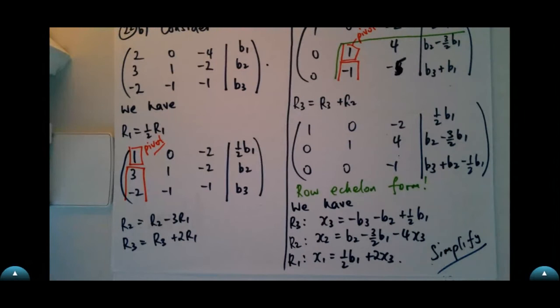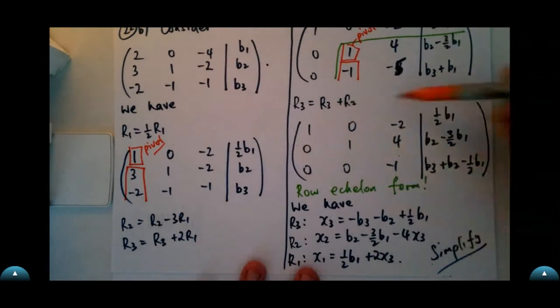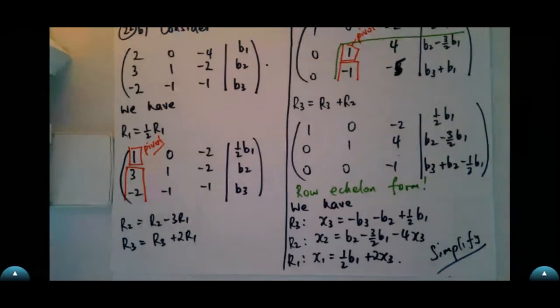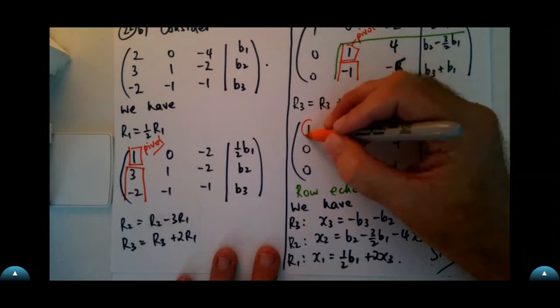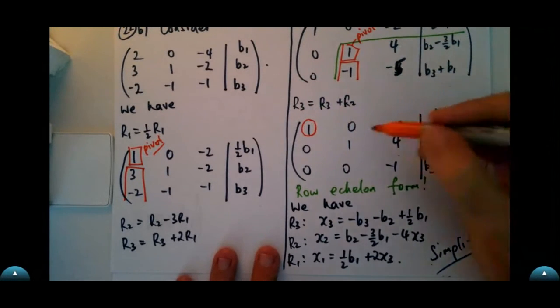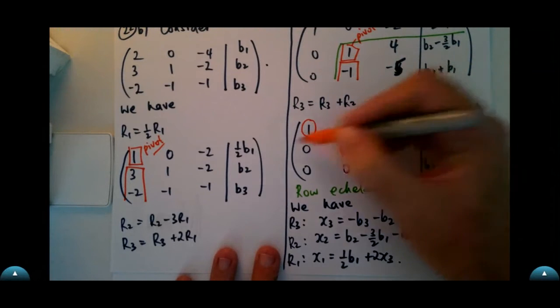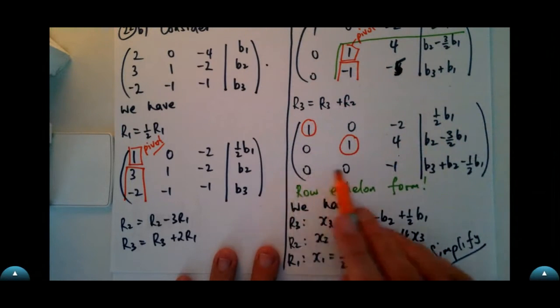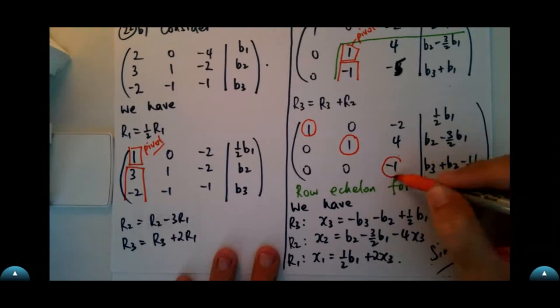Now, a couple of things before I move on to the next question. Let's look at our row echelon form. There's the leading entry for row 1. There's the leading entry for row 2. Here's the leading entry for row 3.